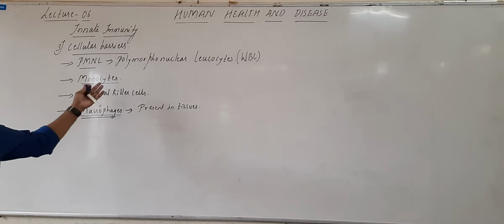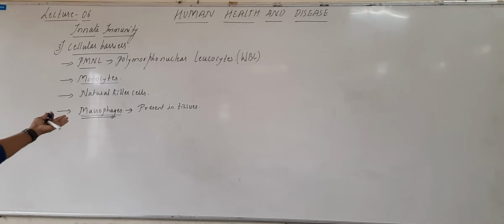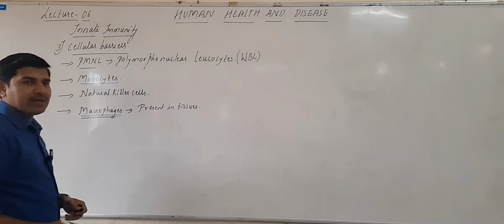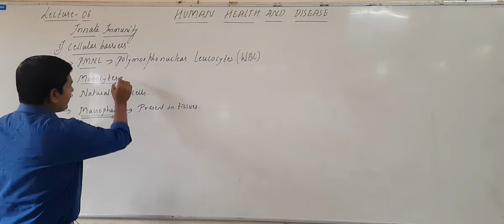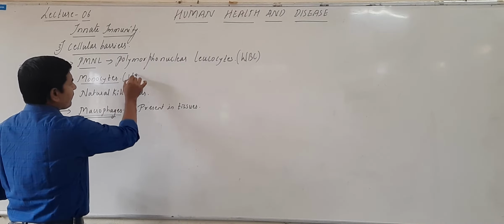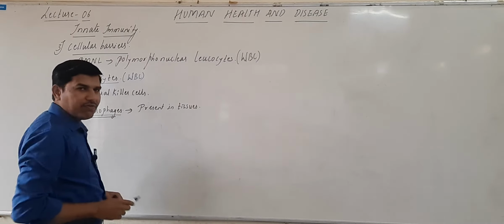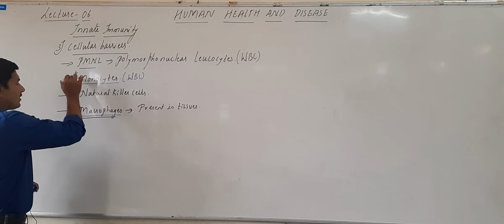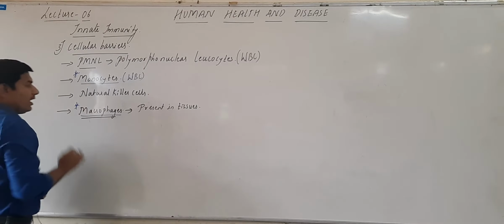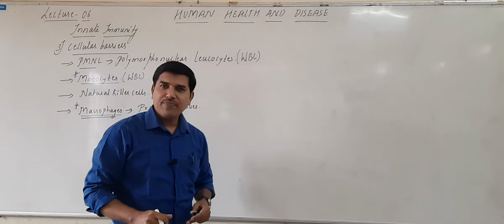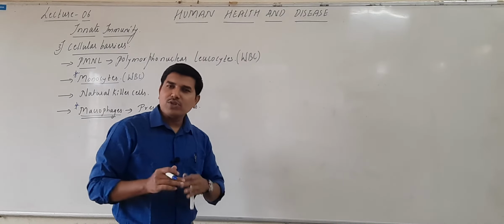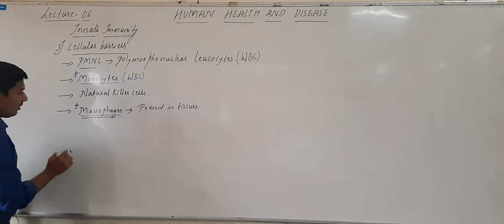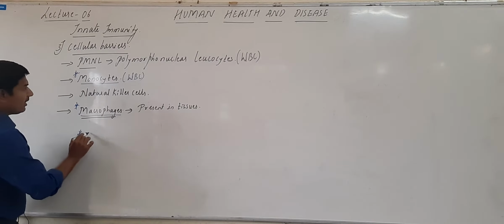Then let us talk about the monocytes as well as the macrophages. Monocytes are also a type of WBC cells. The major function of the monocyte cells and macrophage cells is the same. What is their function?